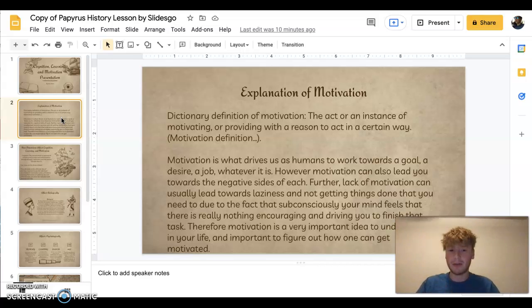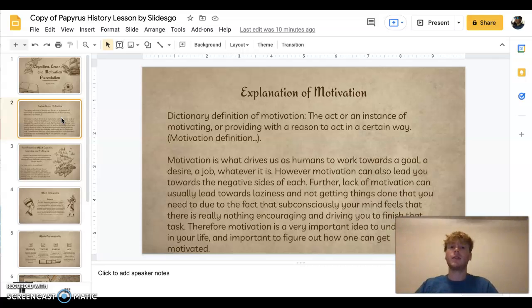The dictionary defines motivation as the act or an instance of motivating, or providing with a reason to act in a certain way. So essentially, it's just what drives someone to do some kind of output or do some kind of job.